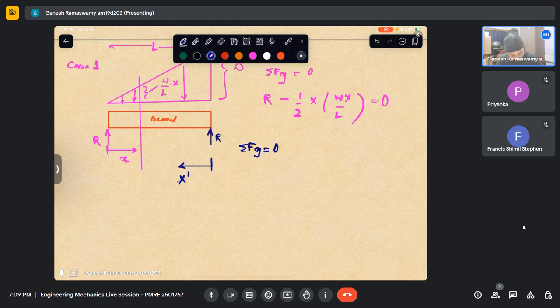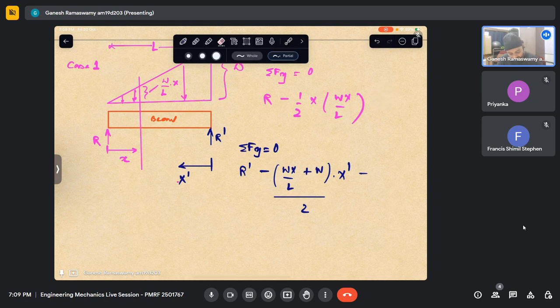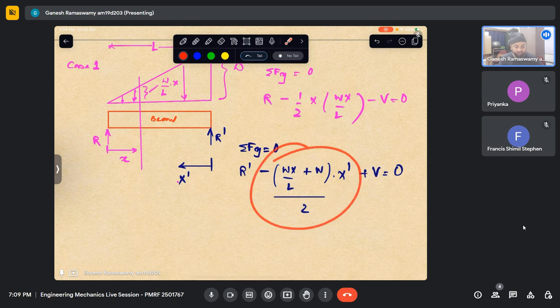So it will be r dash minus Wx by L plus W by 2 into x dash, and sorry, this also has to have V. It will be minus V equaling 0, so this will have plus V. So this is why it becomes a little messy. Other than that, it is straightforward.